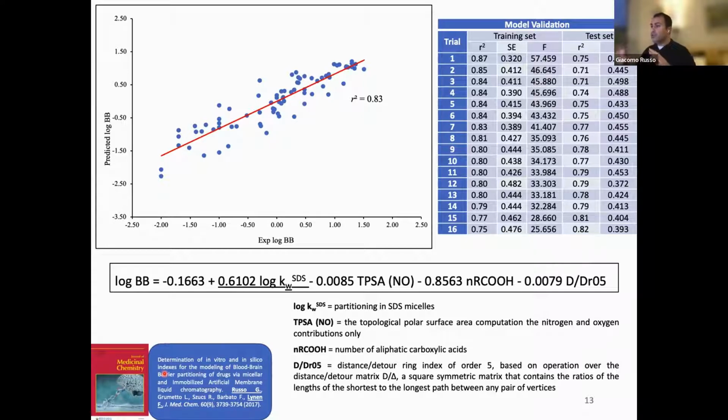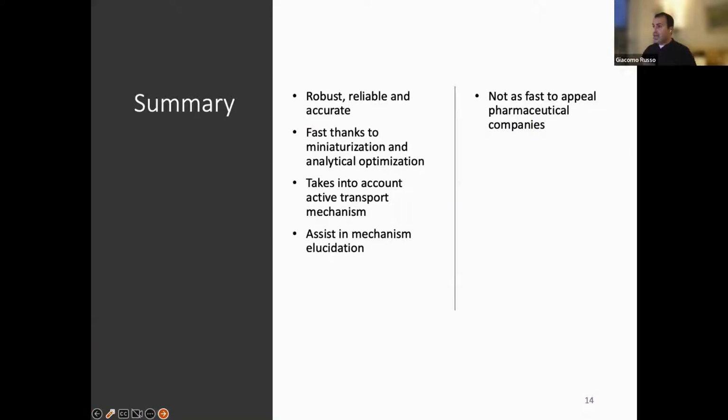So already we managed to achieve some good models for the data set.